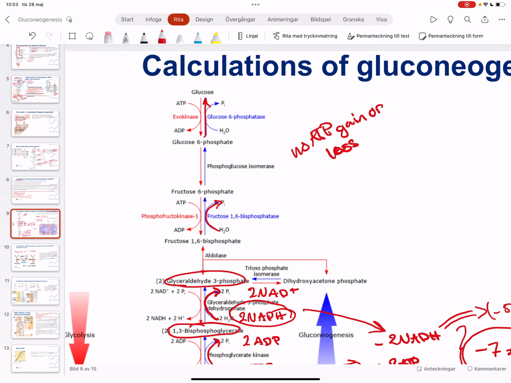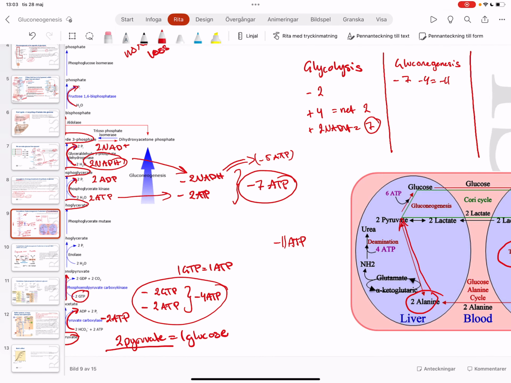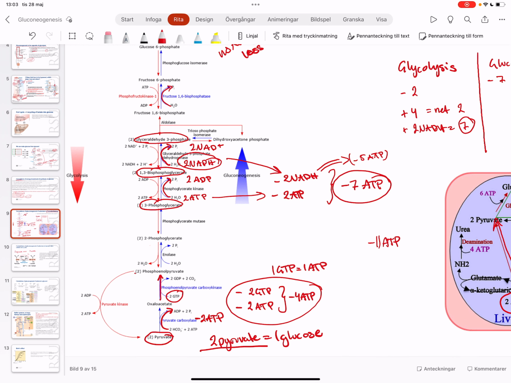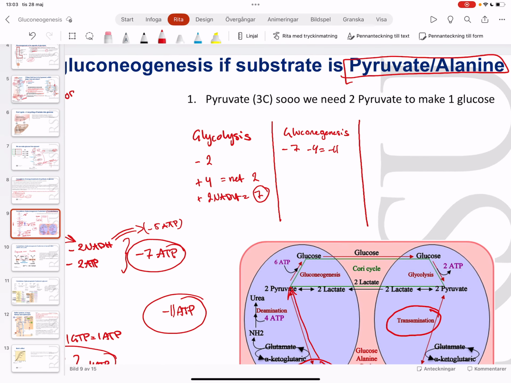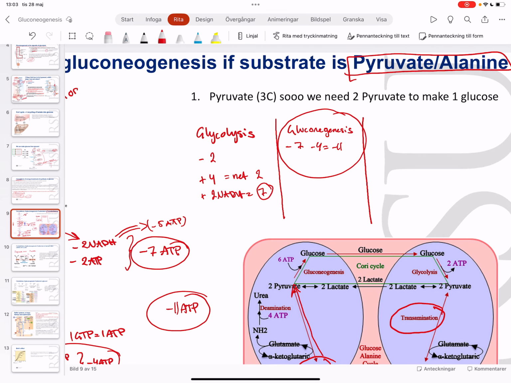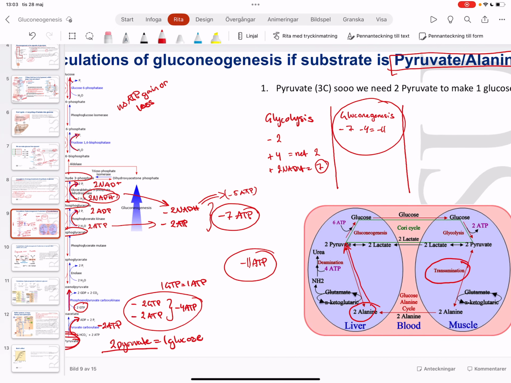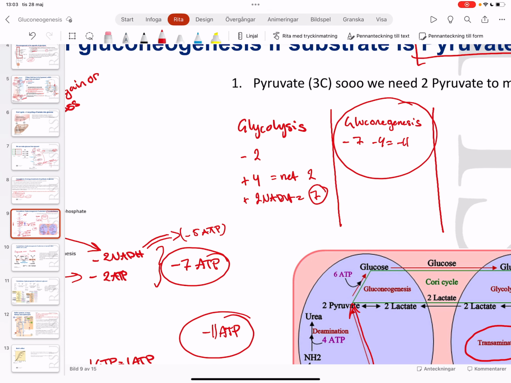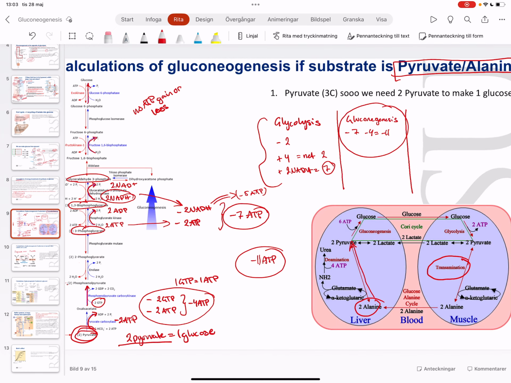Nothing happens. So this means that from 2 pyruvates, we will invest minus 11 ATPs. And this will be the calculations for gluconeogenesis from pyruvate or alanine. It doesn't matter. Here I have just written the calculations for glycolysis. So if you want calculations for glycolysis, just watch the video on that.